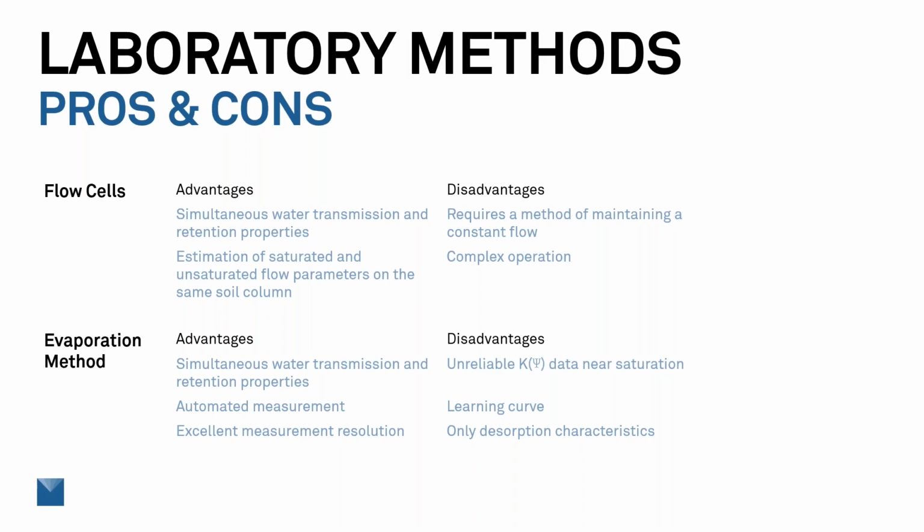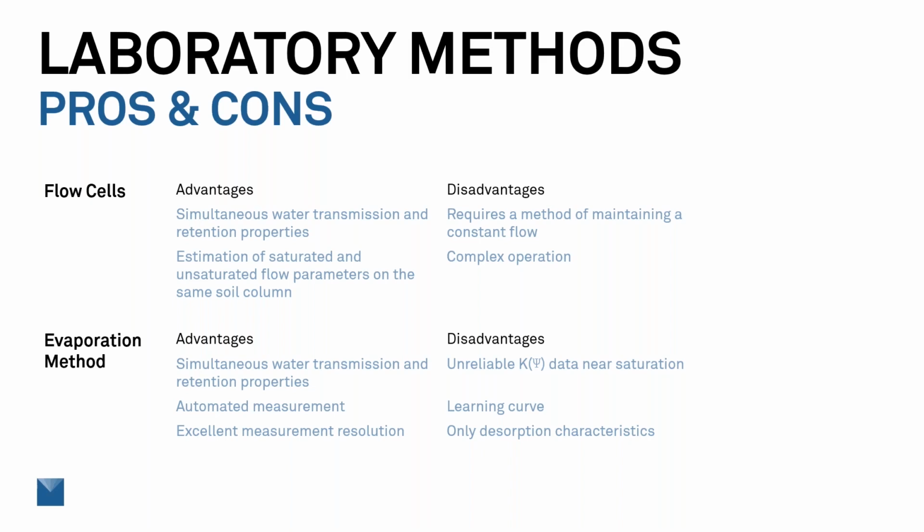So we're getting that soil water characteristic curve. With the flow cells, you actually can do both the saturated and unsaturated flow parameters, which is a really nice advantage to this approach. Some of the disadvantages with the flow cells is it does require a method of maintaining a constant flow, so your setup's going to be a little bit more complex, and there's a lot of operating and controlling that setup.